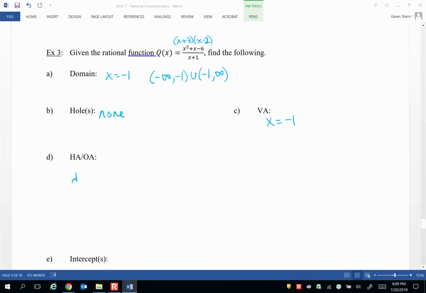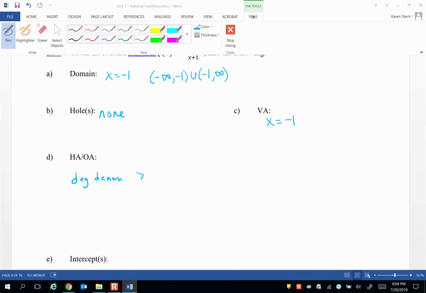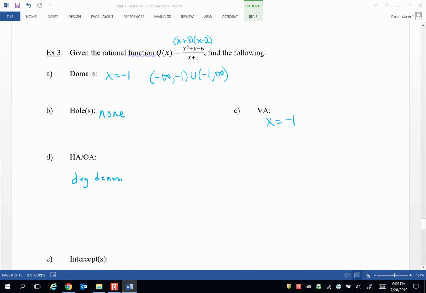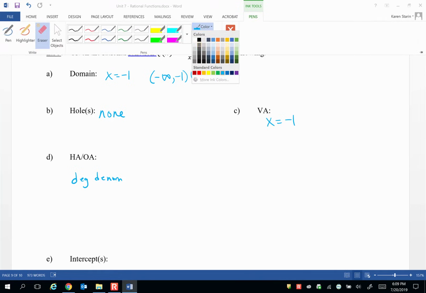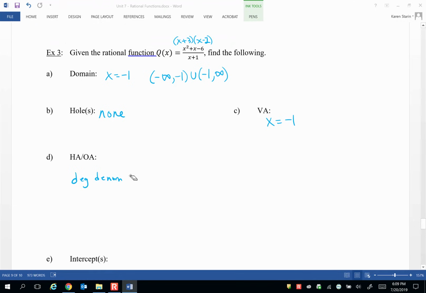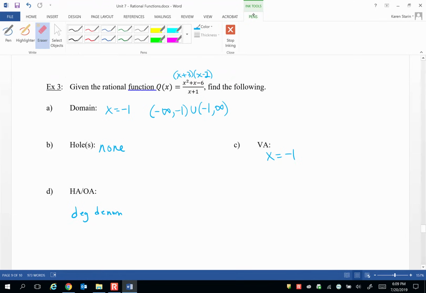So we need to compare the degree of the denominator to the degree of the numerator, and I don't know why I wrote a greater than there, because that's not true. It's the opposite way. The degree of the denominator is less than the degree of the numerator.